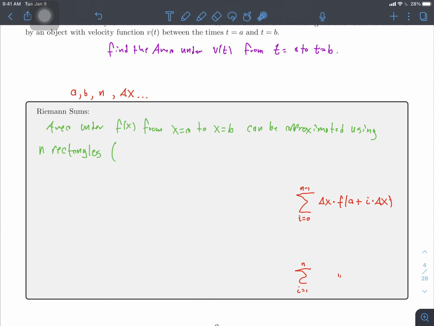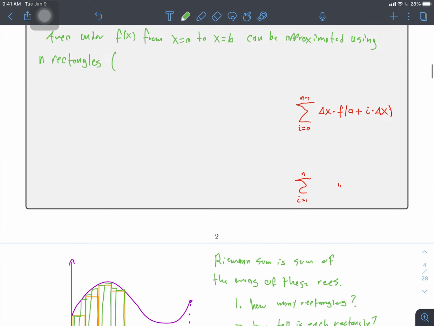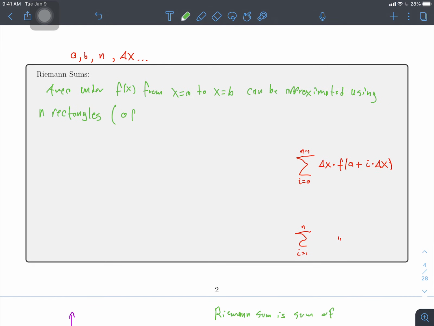If we have n rectangles and they all have the same width, then we have to fit n rectangles between A and B, which means that the width of each rectangle, which we denote by delta x, is going to be equal to, well, we take the total distance which we have to cover and we divide it by the number of rectangles that we have. And that's going to be the width of each rectangle: delta x equals (b minus a) over n.